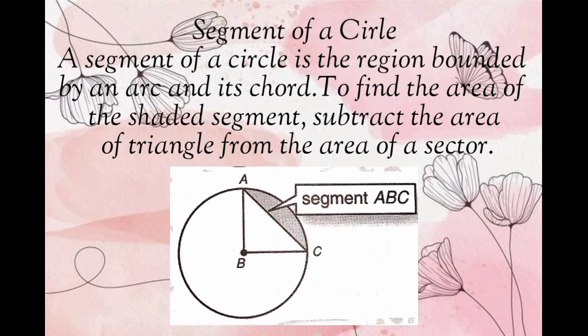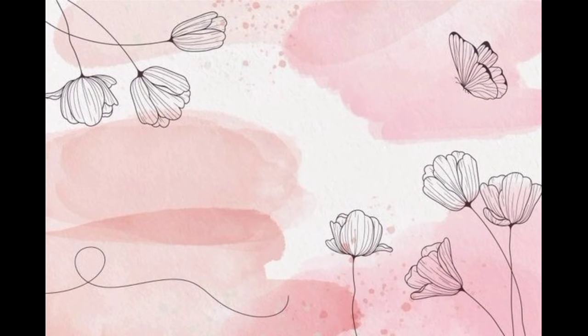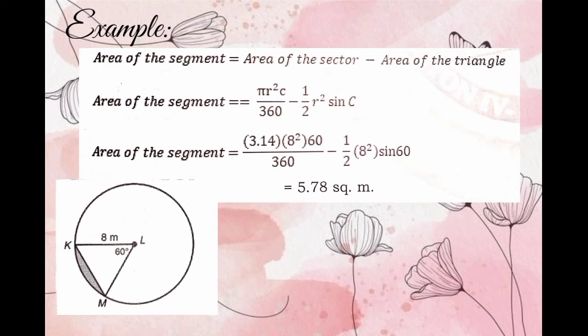Segment of a circle. A segment of a circle is the region bounded by an arc and its chord. To find the area of the shaded segment, subtract the area of the triangle from the area of the sector. Area of the segment equals area of the sector minus area of the triangle.